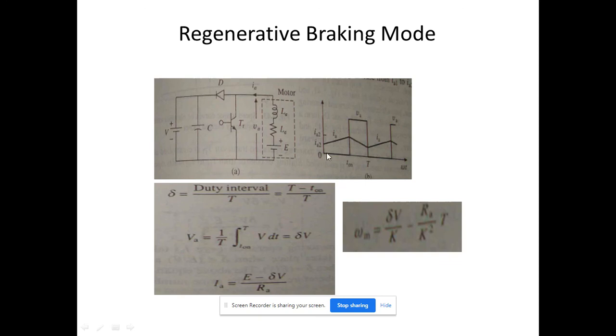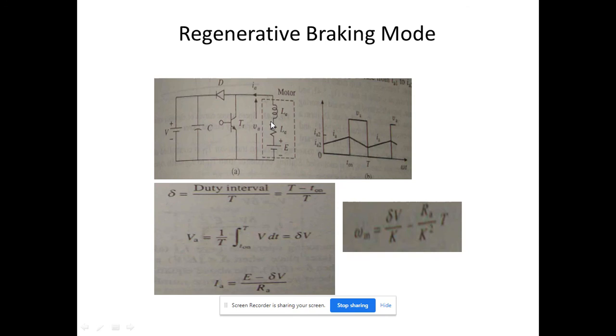Now here you can see the waveform of motor terminal voltage and armature current for continuous current conduction. Usually an external inductance is added to increase the value of La.